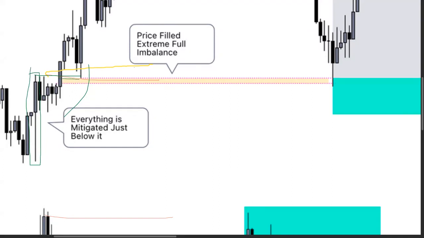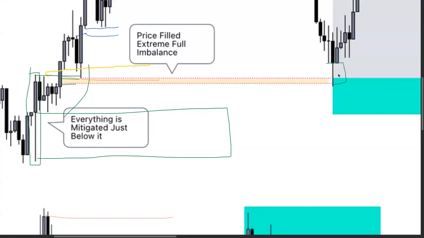We can mark this one, and we can also use this shadow as a demand. So we have only two options here for the buy: the first one is here and the second one is here. If price taps here and gives any reaction, like the previous candle sweeping here, you can buy on the next candle open. At this point, you can buy here also.